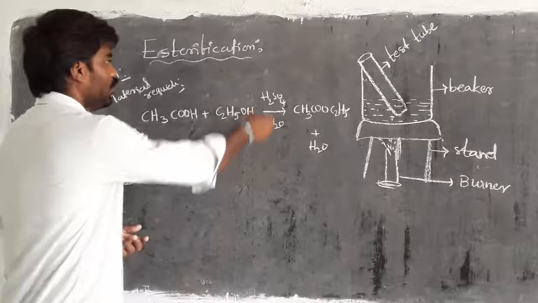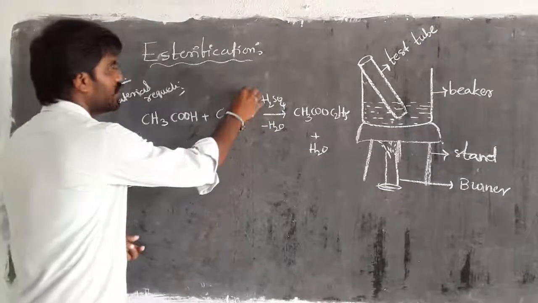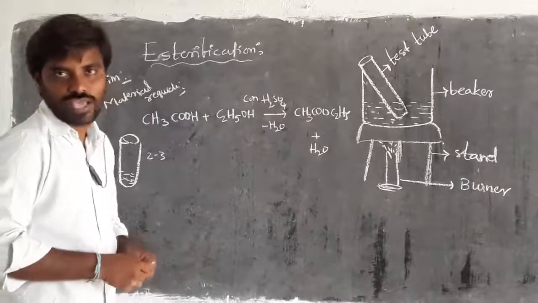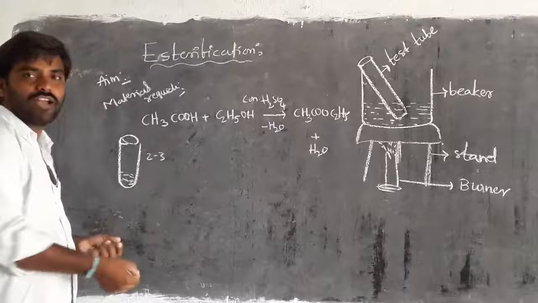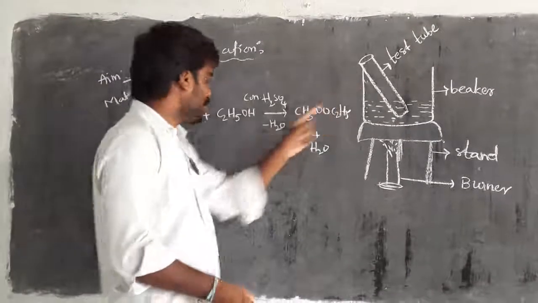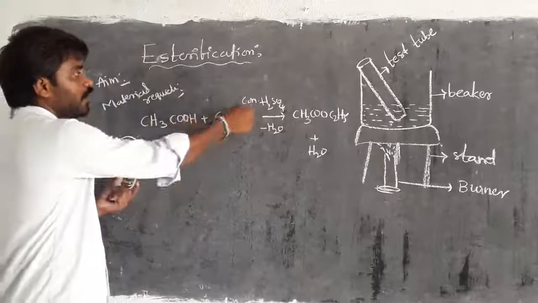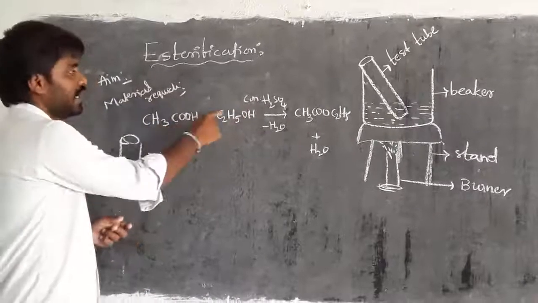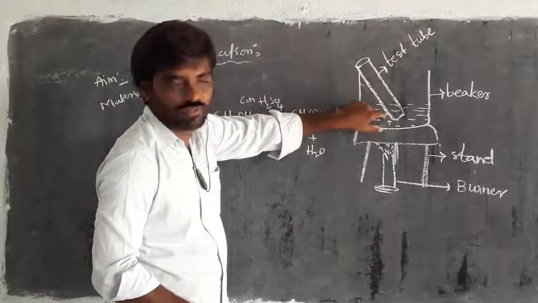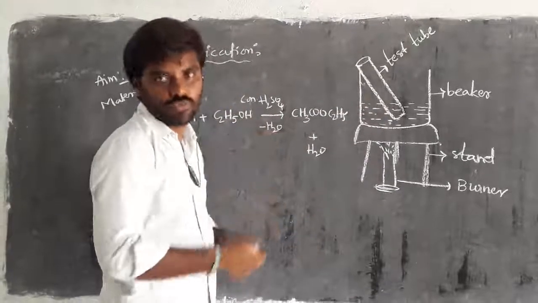After that, we have to add 2 to 3 drops of concentrated H2SO4, or concentrated sulfuric acid, with a dropper. Then the test tube filled with acetic acid and ethanol, we have to place in a water bath.